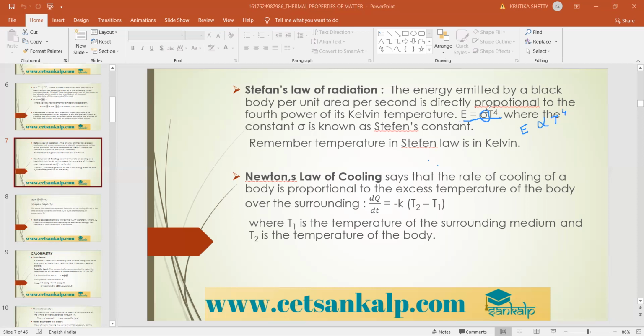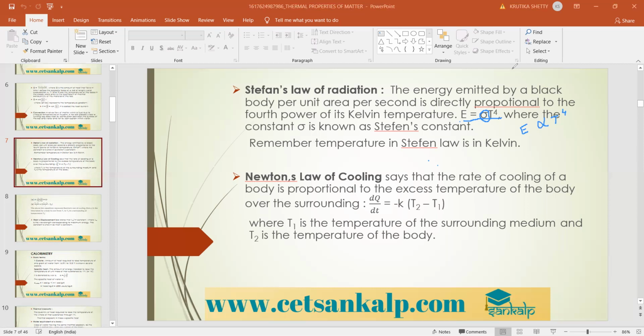Newton's law of cooling states that the rate of cooling of a body is directly proportional to the excess temperature of the body over the surrounding. So this is Newton's law of cooling. Here you can see the equation is dq by dt, that is the rate of cooling of a body, is directly proportional to the excess temperature.